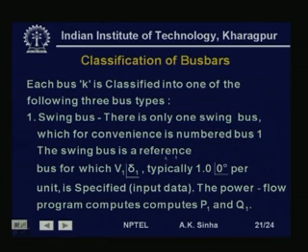The swing bus is a reference bus for which V1 and delta 1, which are typically 1.0 per unit and angle 0, are specified as input data. The power flow program computes P1 and Q1 for this bus, that is, the unknowns for this bus are P1 and Q1, the injections at this bus, because we have not specified the generation at this bus. So, we need to calculate that finally after we have calculated the voltage at all the bus bars.